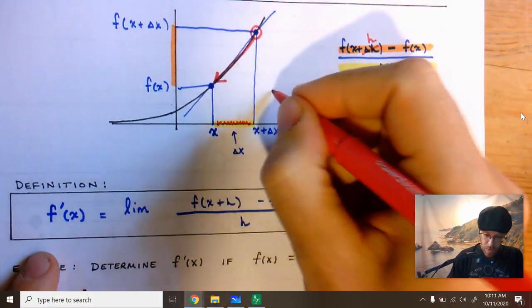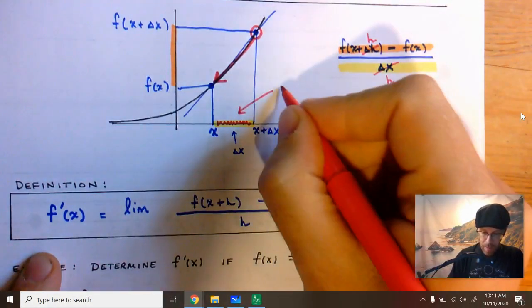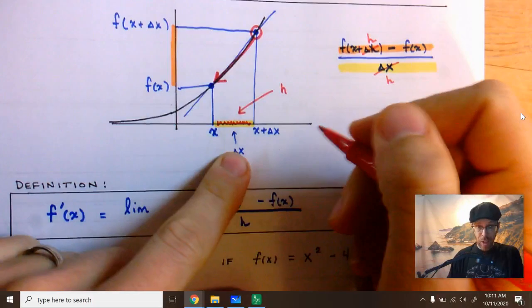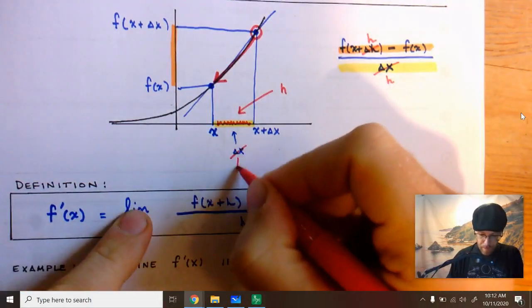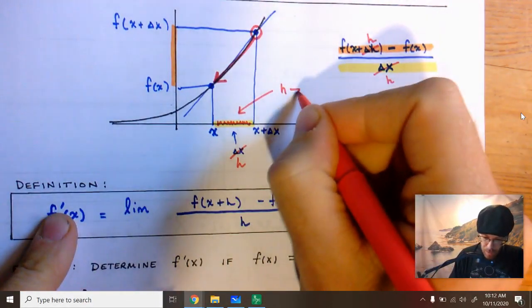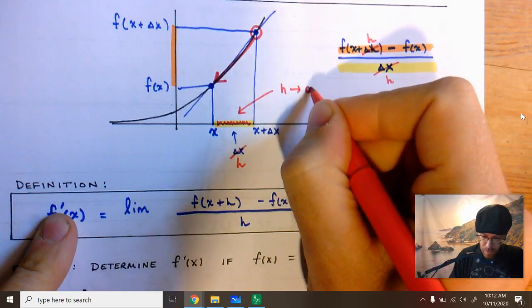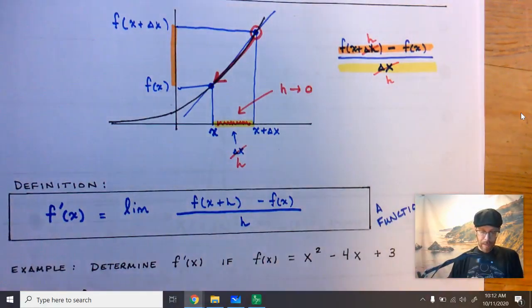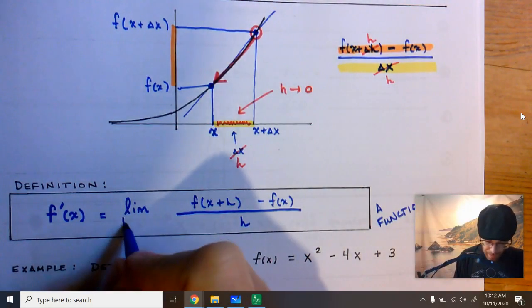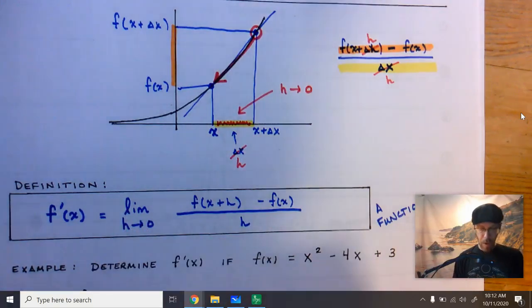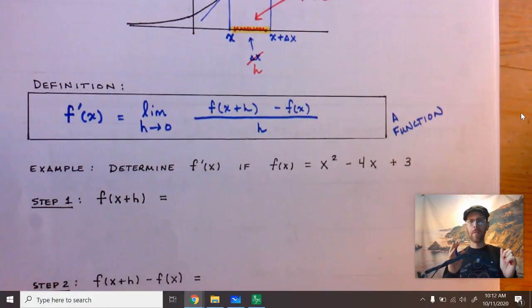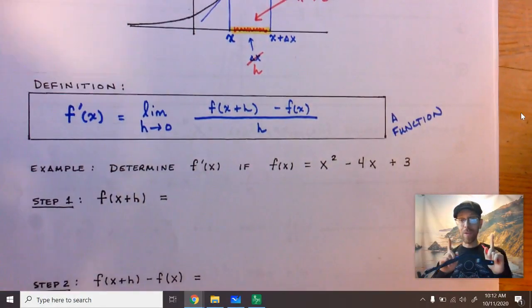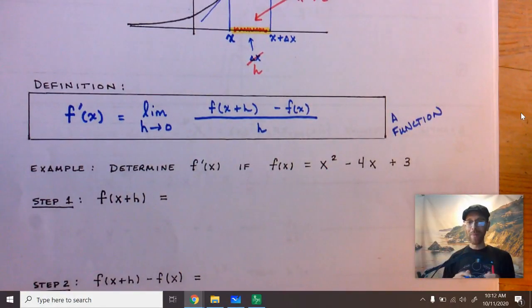So in other words, we're going to make the value of h go to 0. So we get the limit as h goes to 0 of this will give us our derivative function. If this makes no sense to you, don't worry, it will as soon as we do an example.